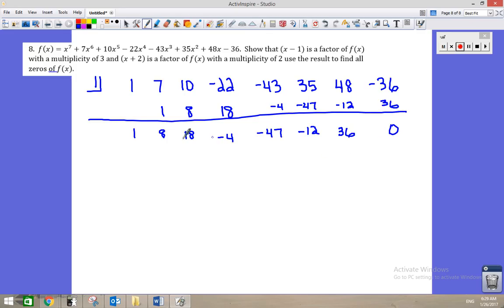So I have that. So now, since this is going to be 1x to the 6th, 8x to the 5th, 18x to the 4th, and I've got a multiplicity of 3, I'm going to go ahead and do 1 here again, and I'm expecting a 0. Just saves you a little bit of writing.